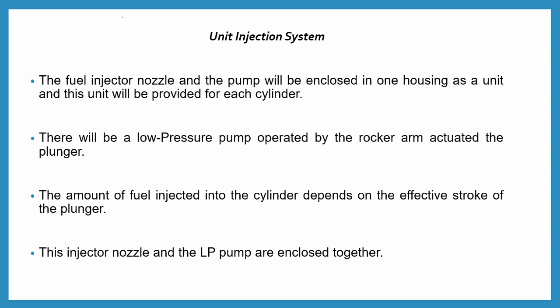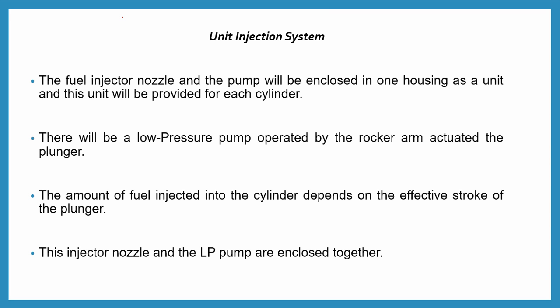There will be a low pressure pump available. The pump is mainly maintained by low pressure, which is why it is known as a low pressure pump. This low pressure pump is operated by the rocker arm.